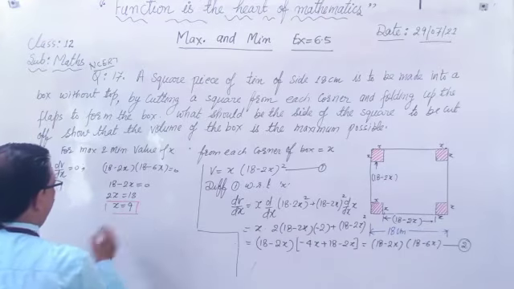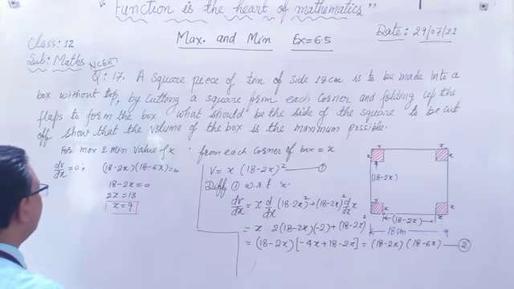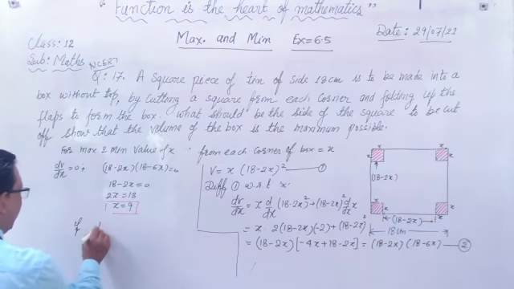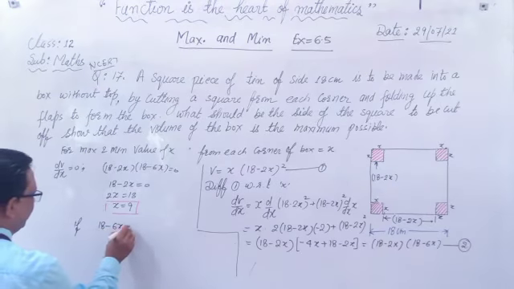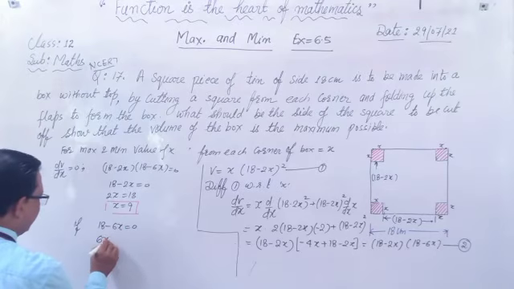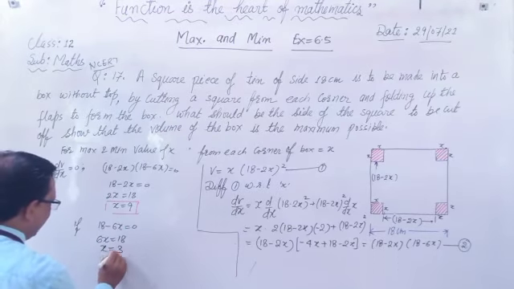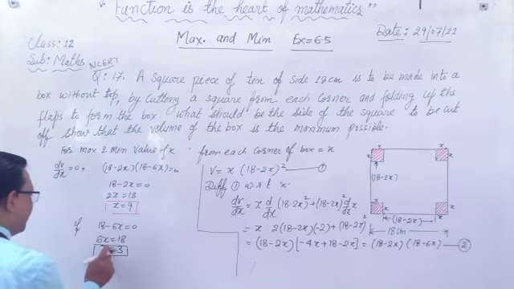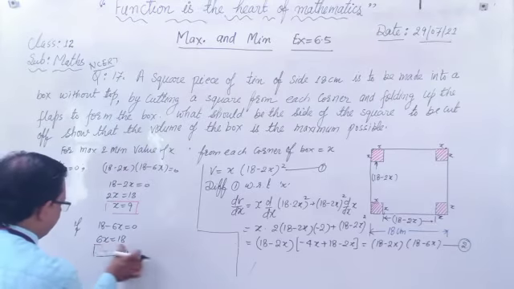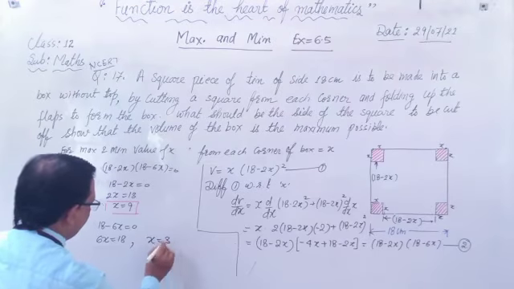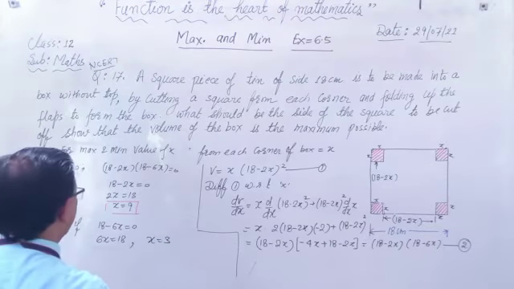And student, if 18 minus 6x is equal to 0, it means 6x is equal to 18, it means x is equal to 3. We have the second value here. This is your second value.